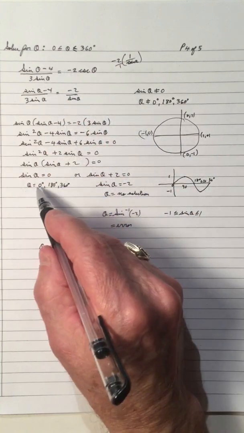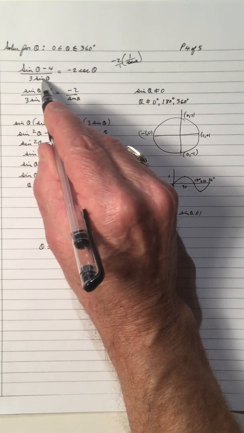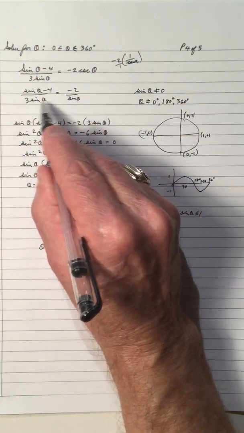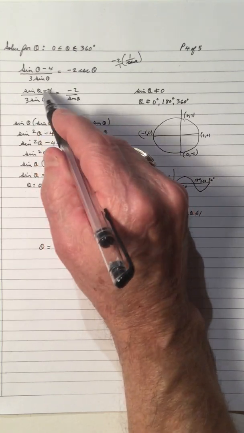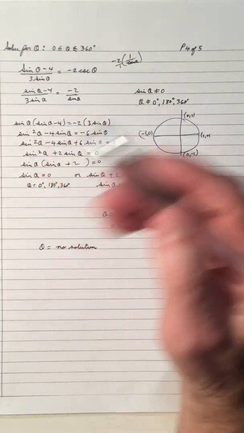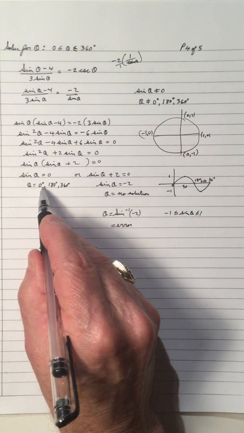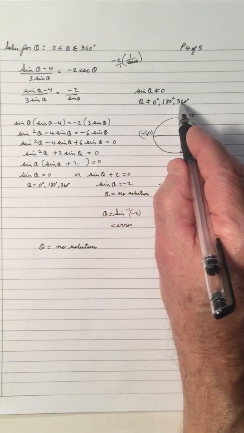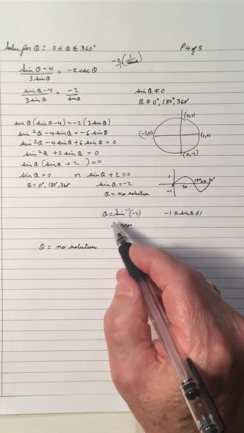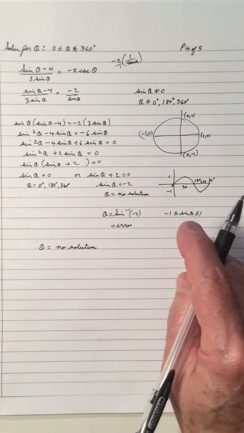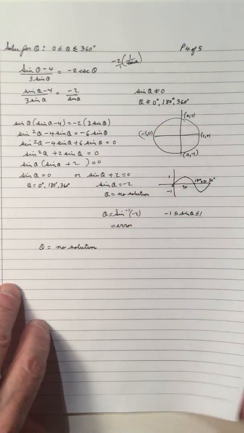If you do the sine of 0, you get a 0 in the bottom, and it's undefined. Both of these have sine in the bottom, so it makes no difference. One of them is undefined, and it can't work. So because these three answers are ones that we can't use, there's no solution to this problem. Can't work.